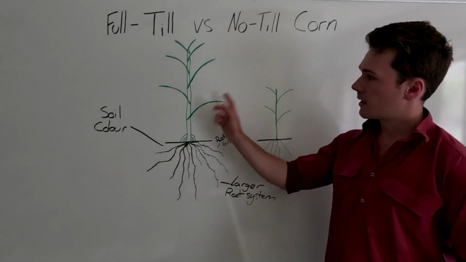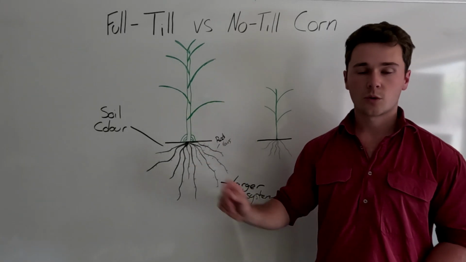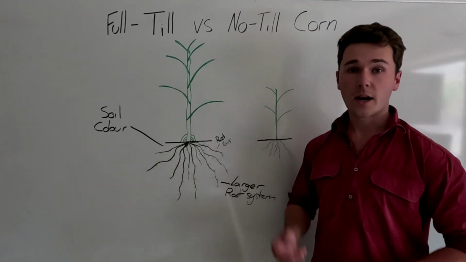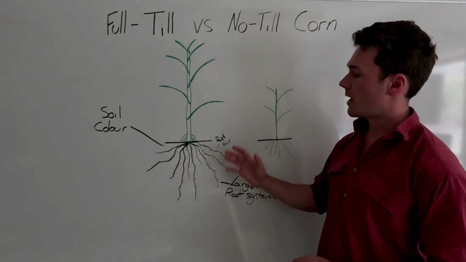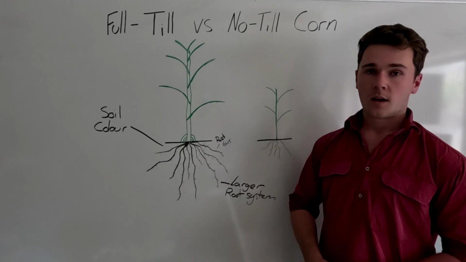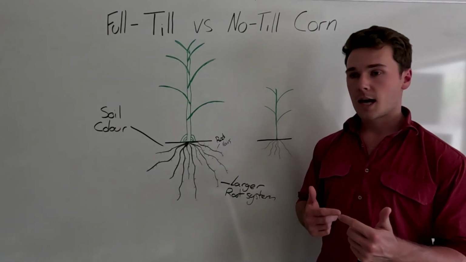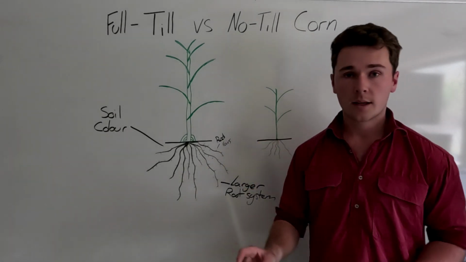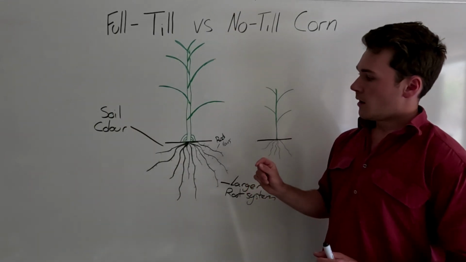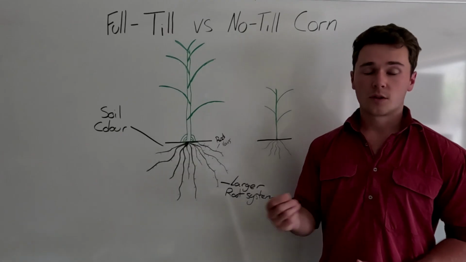Now, the darker leaf color is likely due to an increase in nitrogen content, magnesium content, and iron content, all of which are increased in no-till soils. And that's for magnesium and iron, and manganese, actually, sorry. That's going to be due to a reduced soil environment.